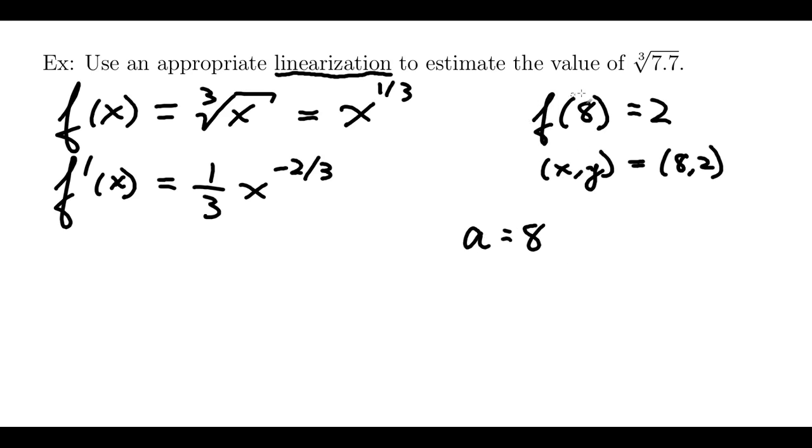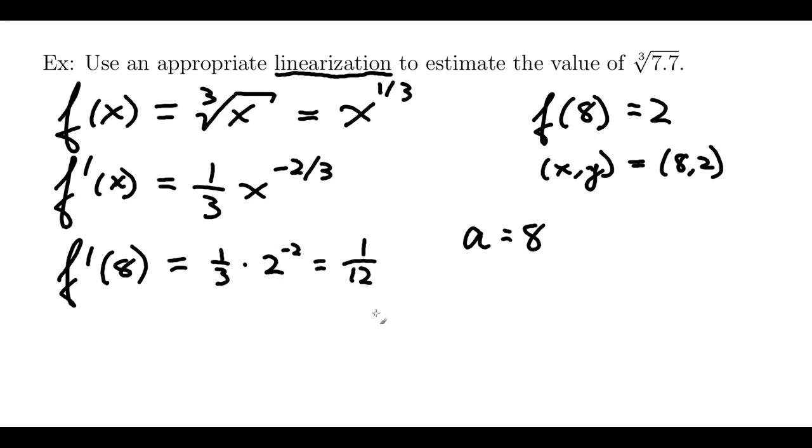Actually, let's go ahead and do that. So we found f of a, that is 2. f prime of a, f prime of 8 in this case, that is 1/3 times 8 to the negative 2/3 power. Let's go ahead and take the cube root first, so that is 2, so we have 2 to the negative 2nd. That's a 1/4 times a 3rd gives us 1/12. So our f prime of 8 is 1/12.